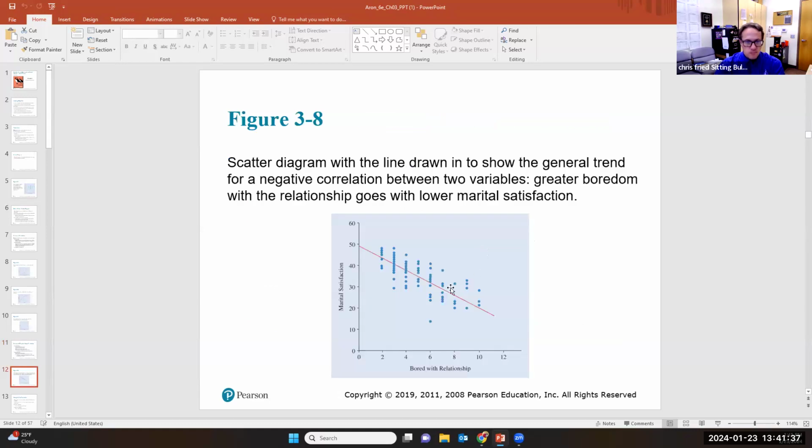In this example, it would be a negative correlation because we start on this end and trend downward. The opposite, a positive correlation, would be if this were flipped, going up in this direction.